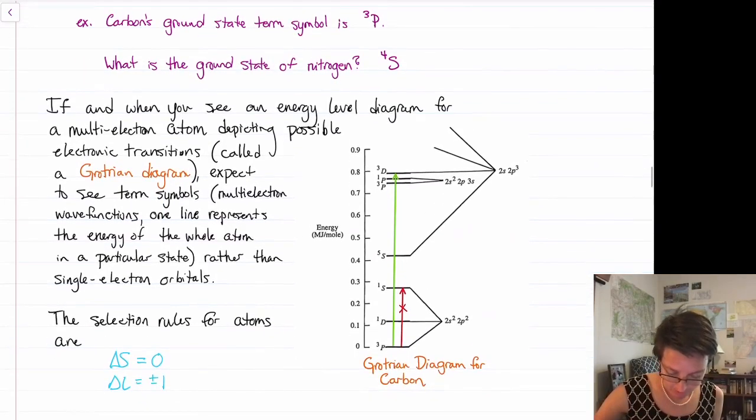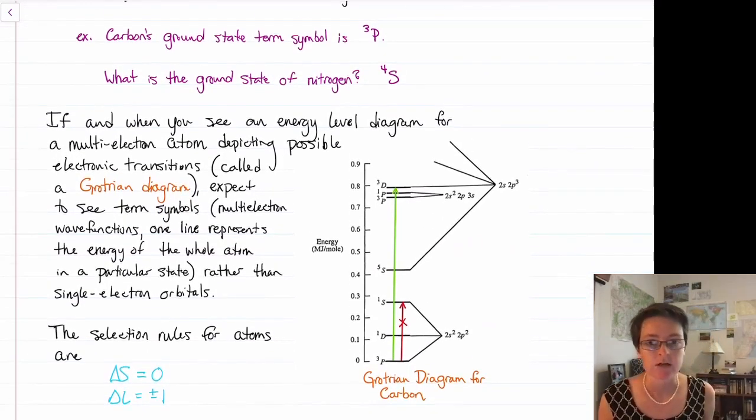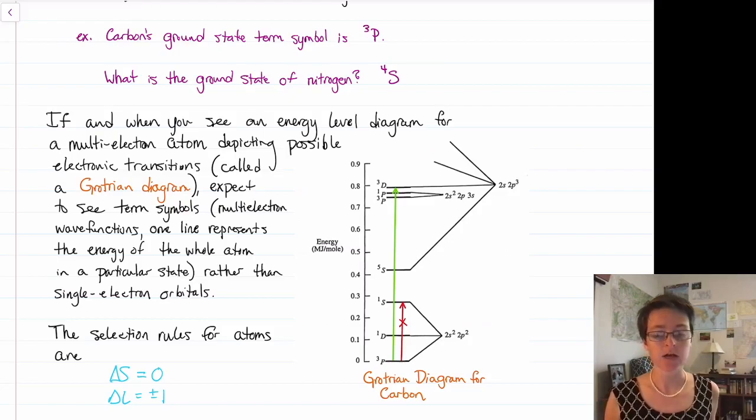So I bring up all these issues of term symbols because you may very well see, either in a seminar or in a lecture series, an energy level diagram for a multi-electron atom. And I don't want you to be surprised when you see each horizontal line not depicting where a single electron goes, but depicting what the overall total energy is for an atom in a certain electronic state.